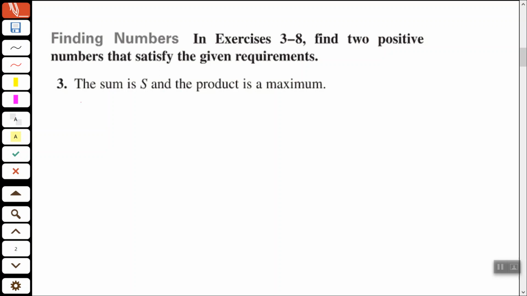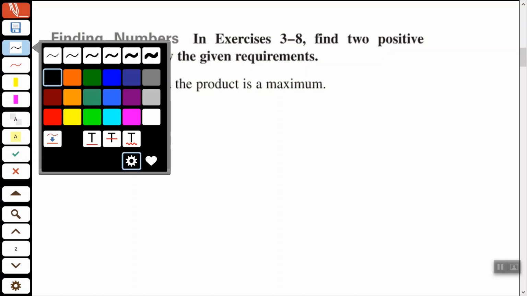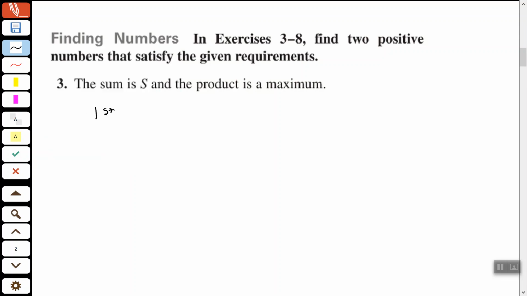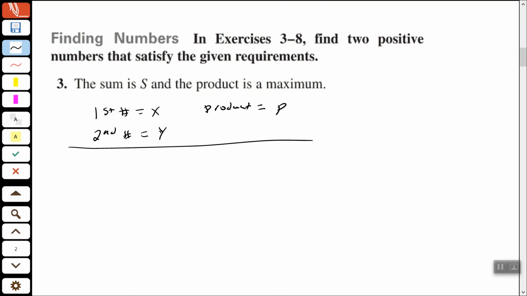So let's let the first number be called x, and let's let the second number be called y, and then we'll call the product p. All right, so the optimized part comes where you see the maximum or minimum, so the product is being optimized.